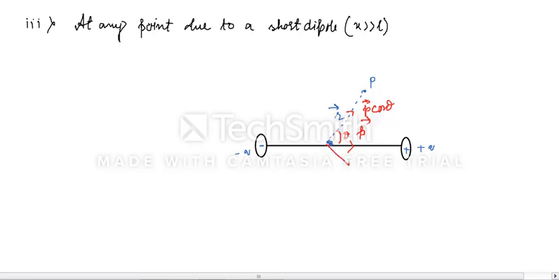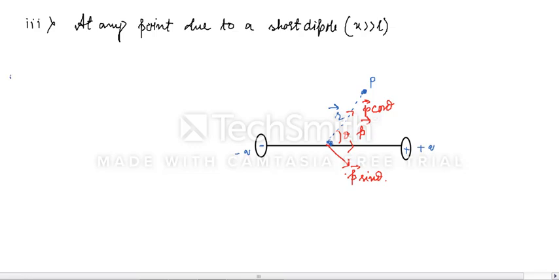Perpendicular to P cos theta will be P sin theta. To understand the figure properly, try to see how P cos theta and P sin theta are related to the point capital P. It is very important for us to understand, otherwise you will not get the proper knowledge of this.